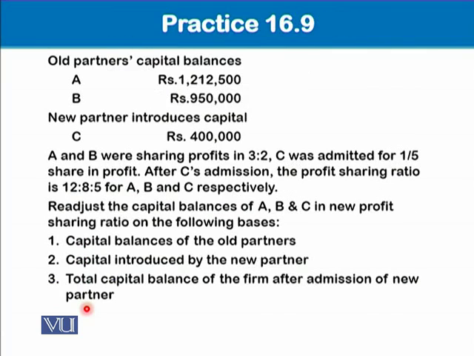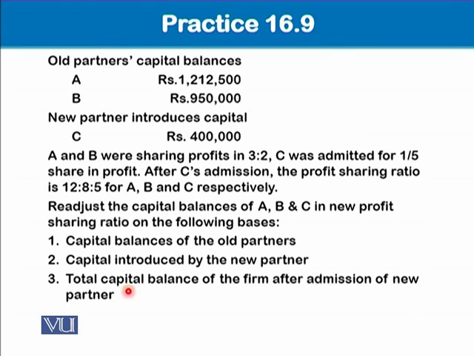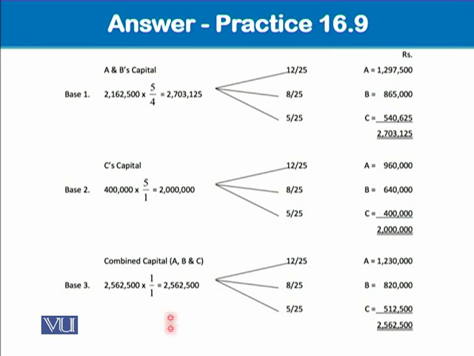Now, the third base is the total capital balance of the firm after admission. Means you make a total of figures 1, 2 and 3. This will become 2.562 million 500. So if your total capital balance should be equal to these 3 figures, it means 1 by 1, which is the same figure. So divide this by the 12, 8 and 5 ratio.